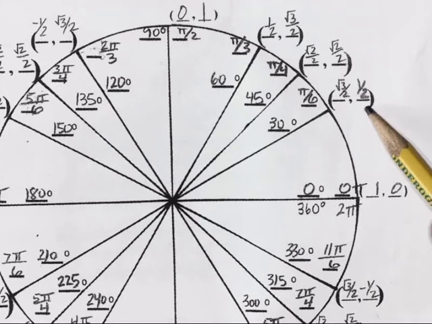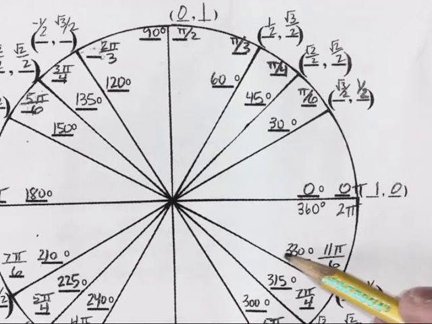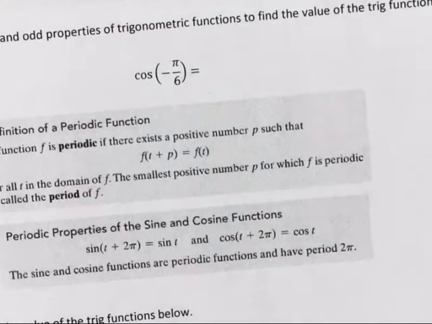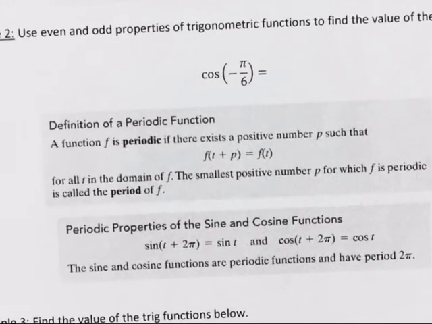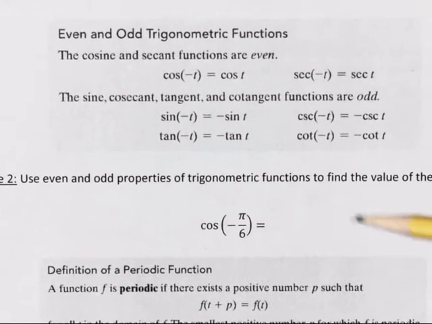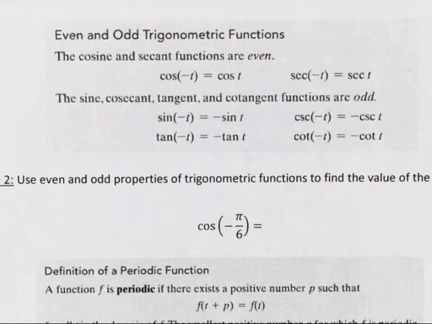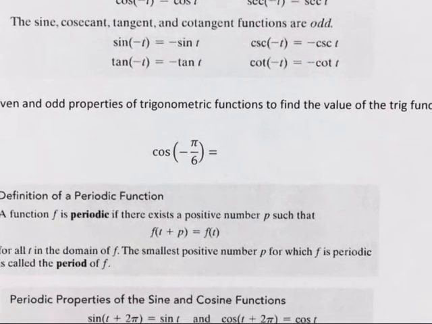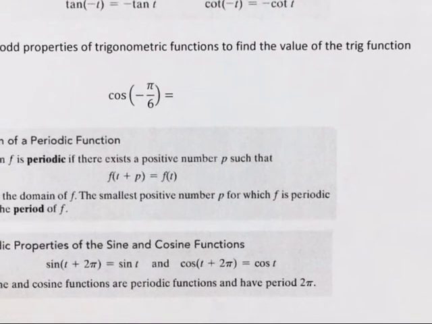So the sine of negative 30, which would be the 330 here, is negative 1/2. So it's basically the same number, but the sign changes, and that's what we call an odd function. And so that's what this definition is describing. That's a helpful understanding, kind of a shortcut when evaluating trig functions.